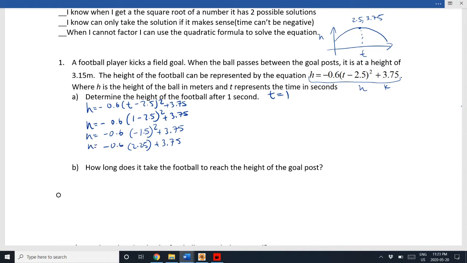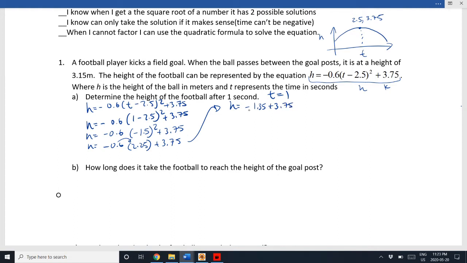I'm just going step by step here so you can see what we're doing. And then we're going to multiply 0.6 into 2.25, and we're going to get negative 1.35, and we still have that plus 3.75 at the end there.